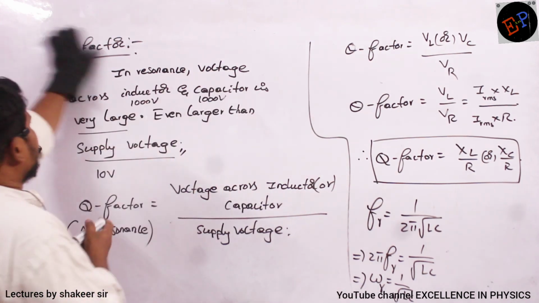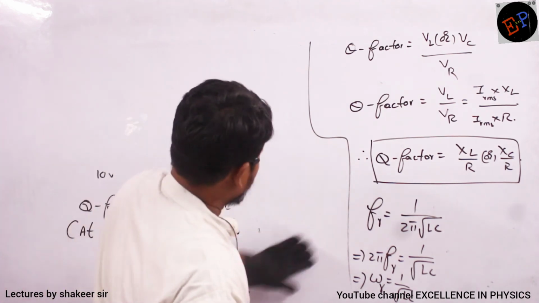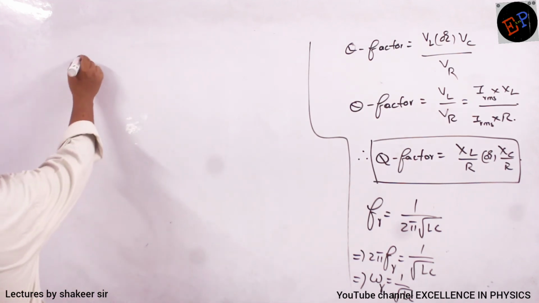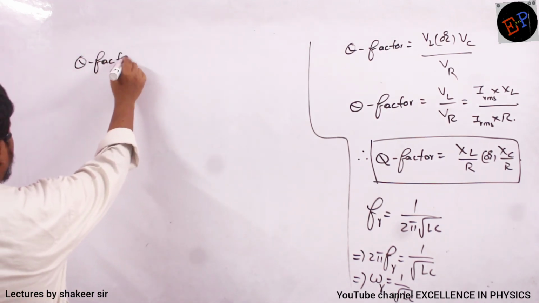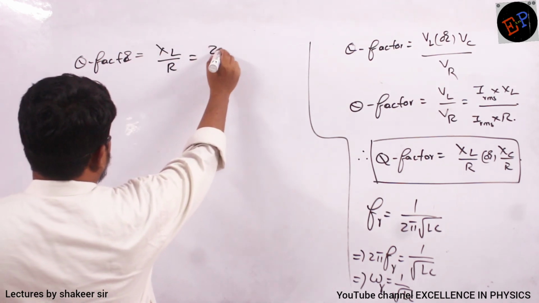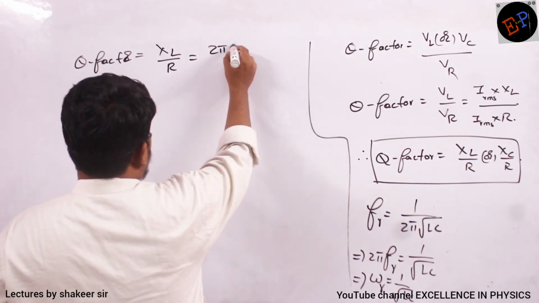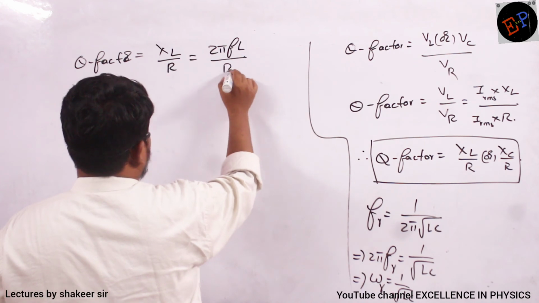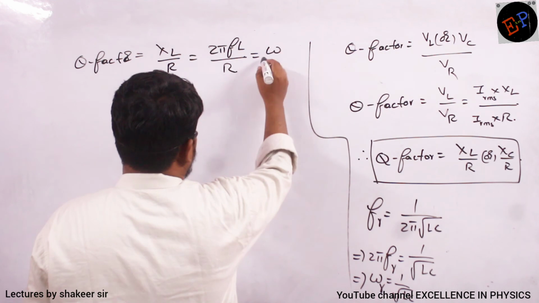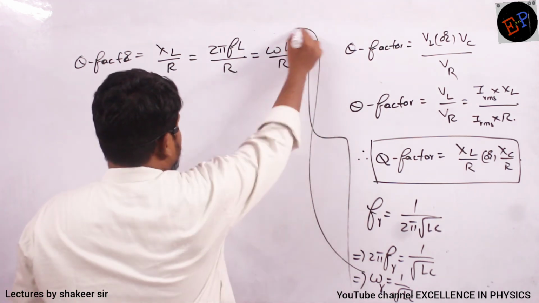Now if I go to Q factor, look carefully how we are going step by step. Q factor is XL by R. XL is nothing but 2 pi FL, divided by R. What is 2 pi F? It is nothing but omega. So omega L by R. Take this value and substitute here.